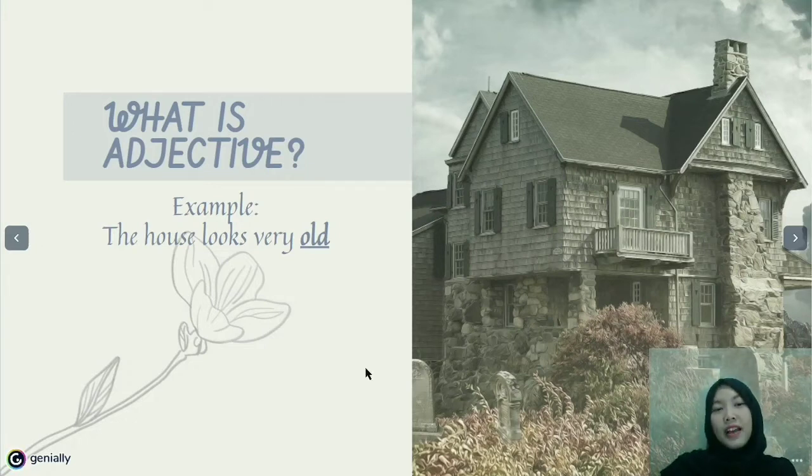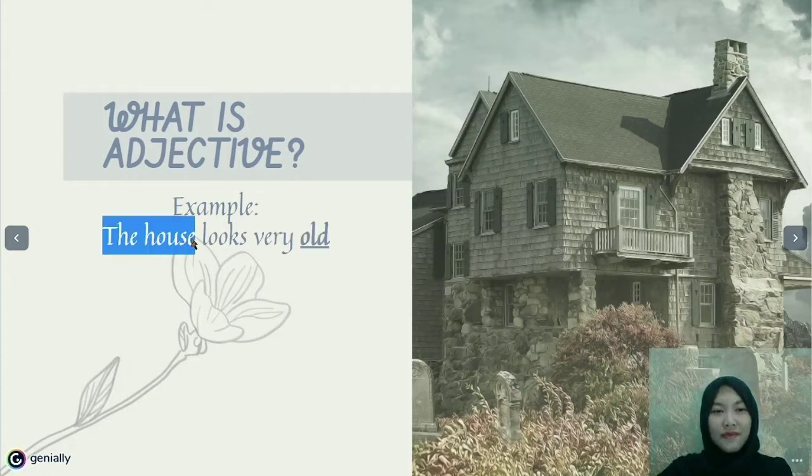Example, in this sentence, the house looks very old. The adjective is old. It's because the word old is describing the condition of the noun in the sentence, which is the house. So always remember that an adjective is describing the noun or the pronoun in the sentence.